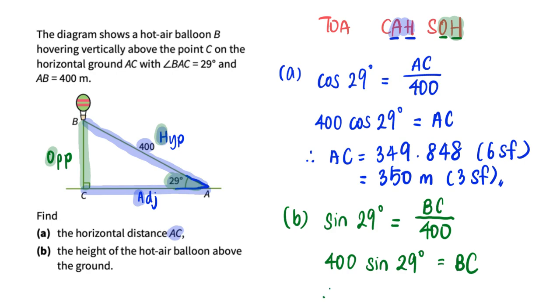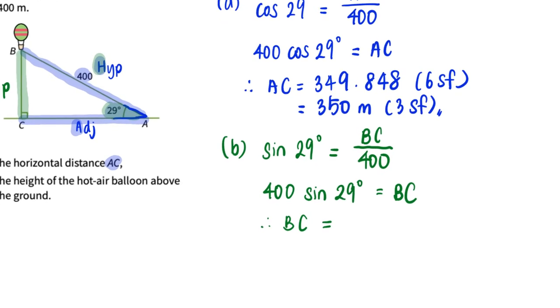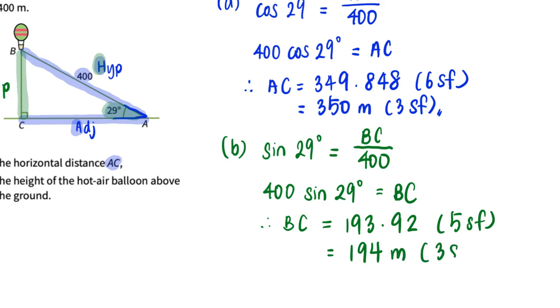Therefore, BC will be equal to, I have more space, 193.924 to 5 significant figures, followed by 194 meter to 3SF.